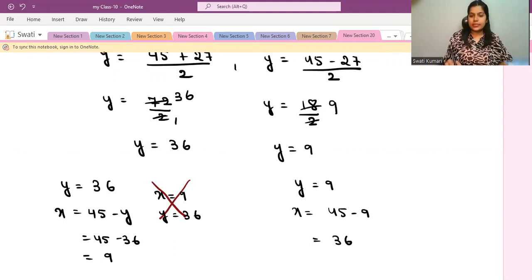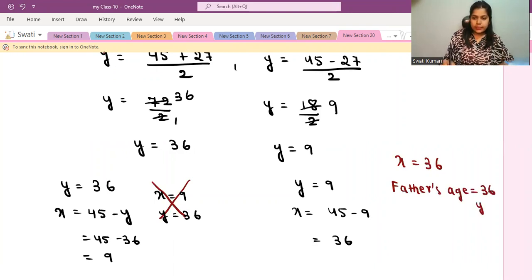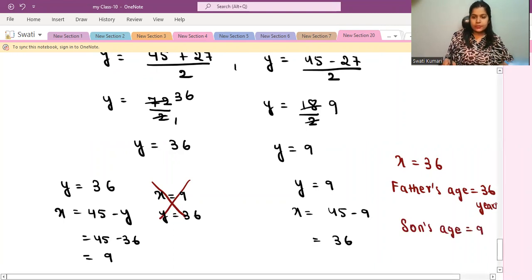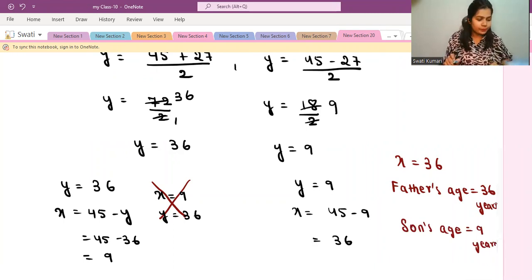You are going to consider this answer where x is 36. That means the father's age is 36 years. Okay, so father's age we got 36 years, and we got the son's age, which was y, which is 9 years. So yes, that is our final answer.